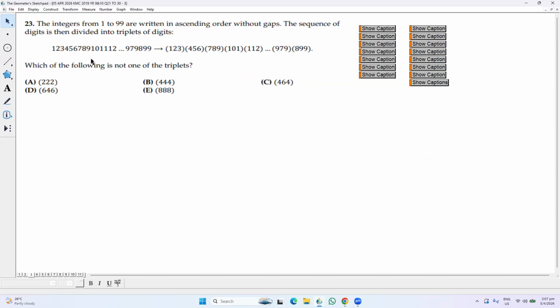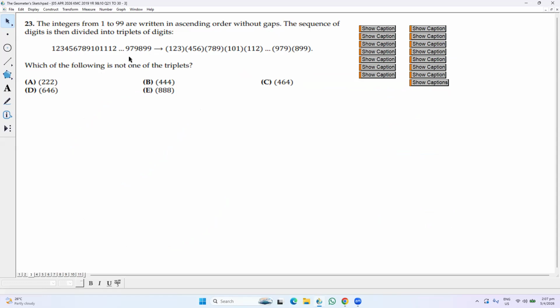Question 23. The integers from 1 to 99 are written in ascending order without gaps. The sequence of the digits is then divided into triplets of digits.